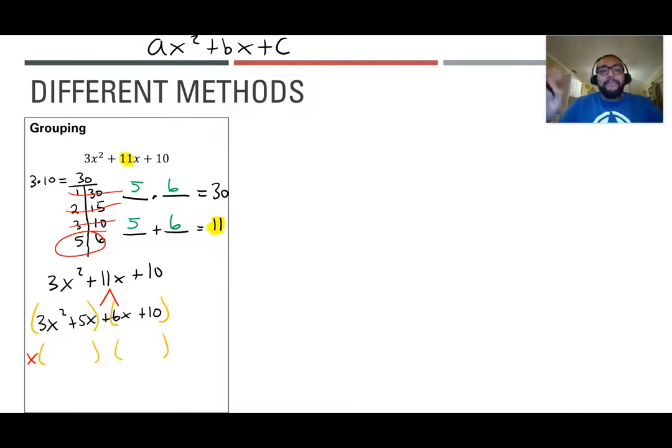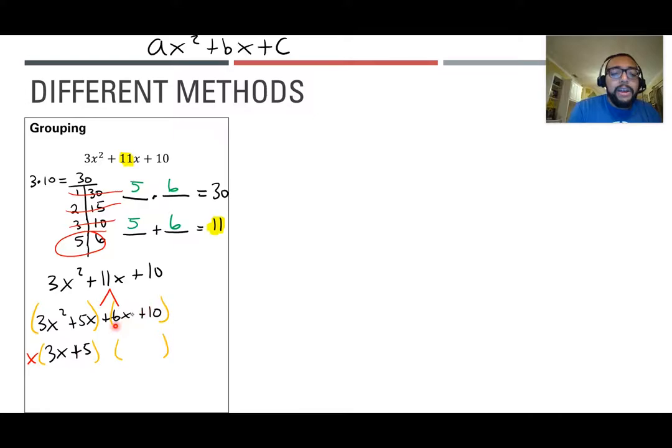So when I take out a GCF of x, I'll have a 3x plus a 5. If it helps you, just divide by that GCF. When I did 3x squared divided by x, I got 3x. And when I did 5x divided by x, I got 5.